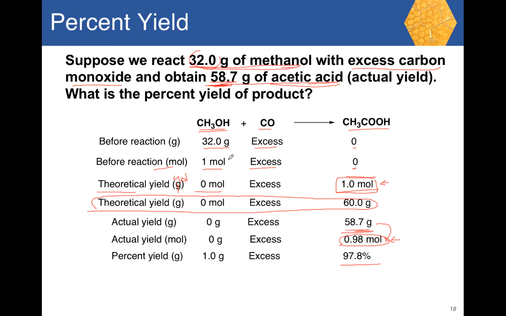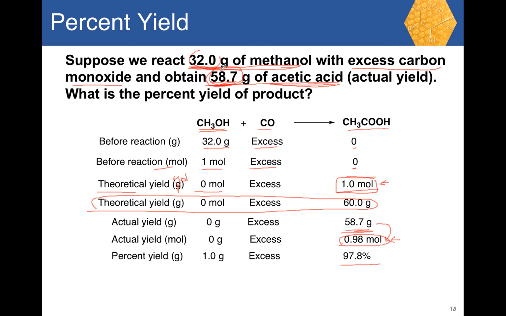So you went in the lab, you have 32 grams of methanol. Your job was to produce as much acetic acid as possible. But you actually isolated, notice the word here is actually isolated, an actual yield of 58.7 grams.